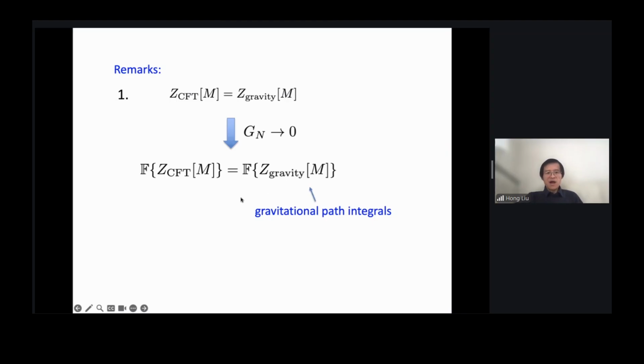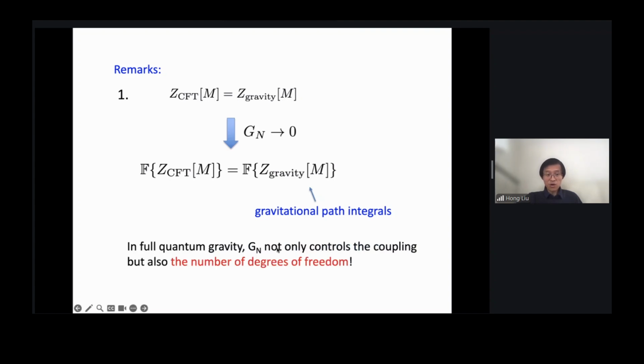So now what we are emphasizing is that on the CFT side, we have to do this filter, and I provide a way to define this filter. The fact that on the gravity side, when we go to the gravitational path integral, we are doing some filtering, we should in some sense have already seen, because in full quantum gravity, G Newton not only plays the role of the coupling, but also controls the number of degrees of freedom.